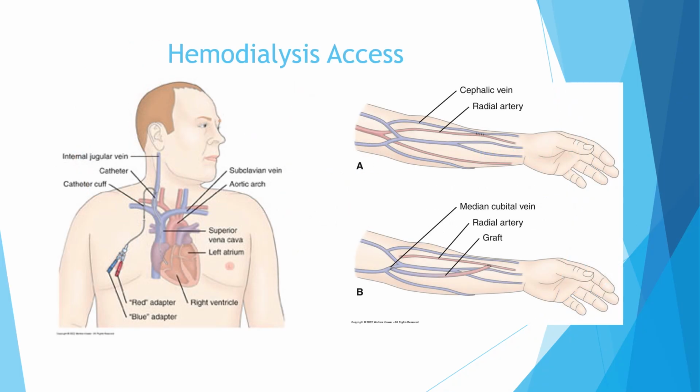And then here's a picture of what a fistula looks like, or a graft. We don't really see these in acute kidney injuries because it happens acutely, but what we'll have in an acute kidney injury is our temporary dialysis catheter, or a Mahurkar.